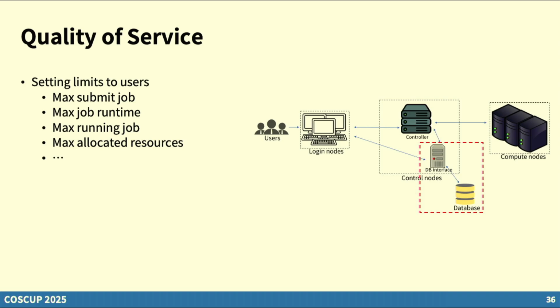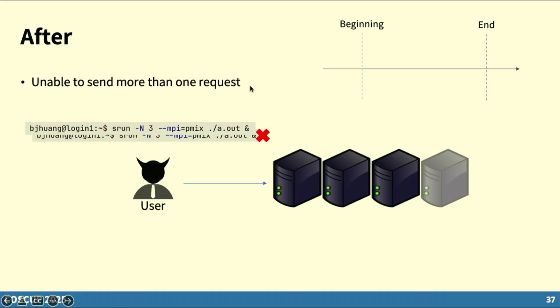We have several things that can be set, and for the previous example, we just need to set the max submit job here, so that it can no longer send more than this limit. So what if we set it to 1, so that it can only send one request, and other resources can be used by others.